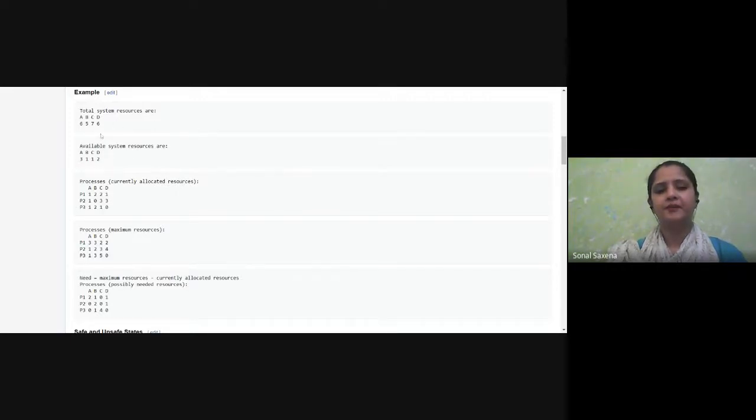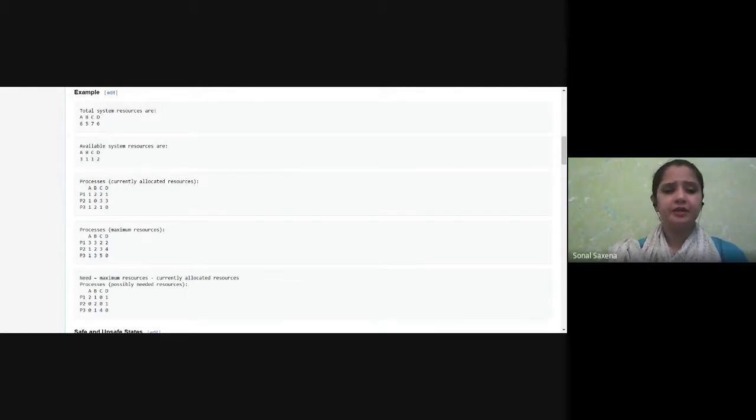So the remaining available system resources: for A, the total number was 6, out of which we have given 3 resources. So the remaining amount that is left is 3. So if there is a process which wants a total of 3 instances of A or less than 3, then this request can be granted because 3 is available for A resource.